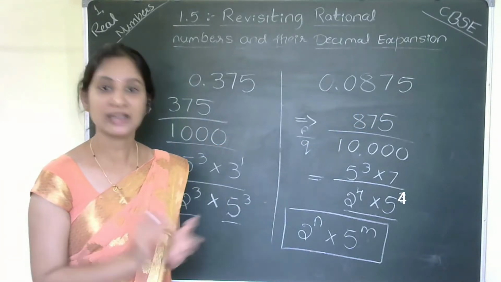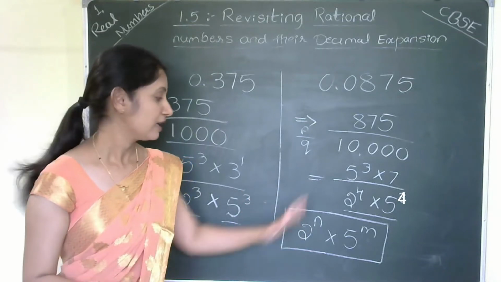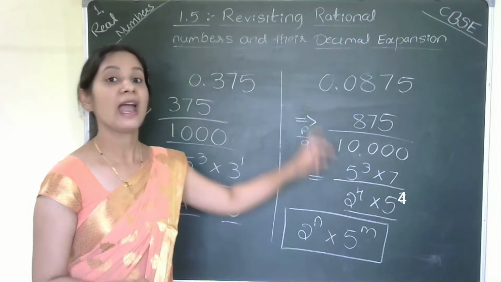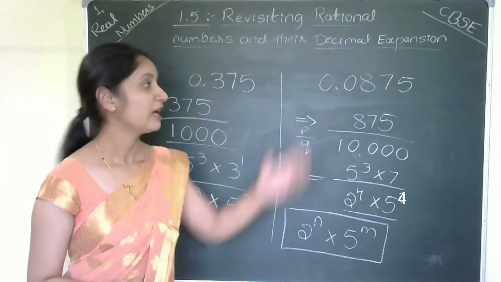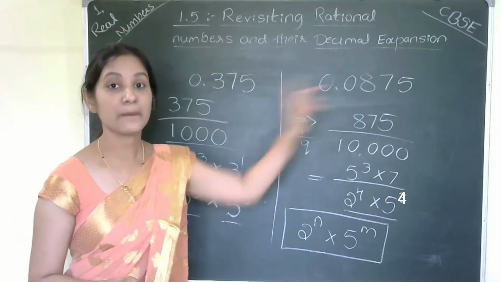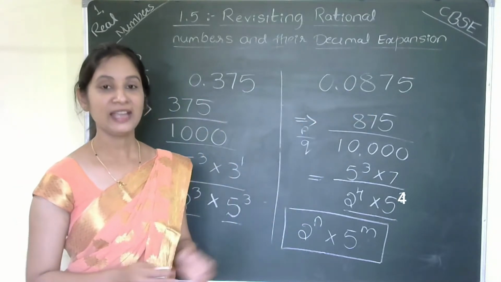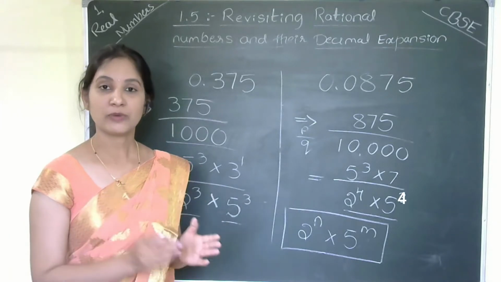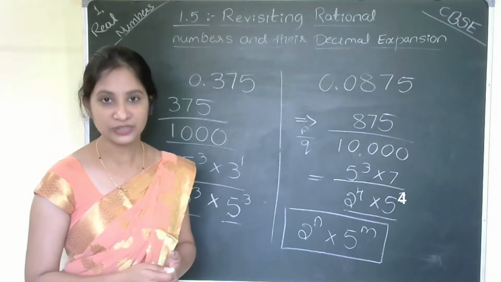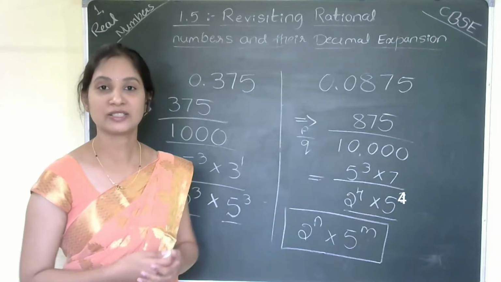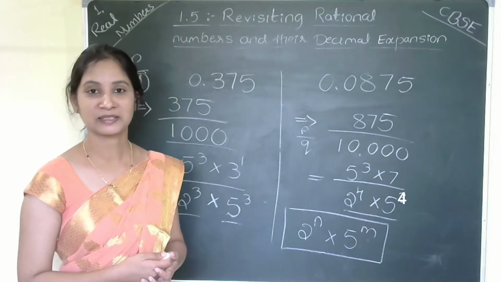This is the second theorem. The same thing continues, and the expansion may be non-terminating but recurring. We will take one example for all the three theorems and then we will solve our exercise problems.